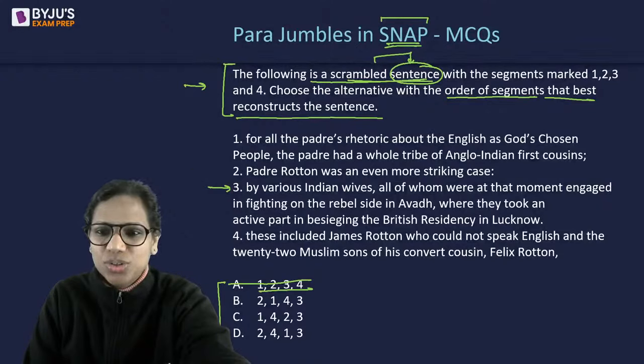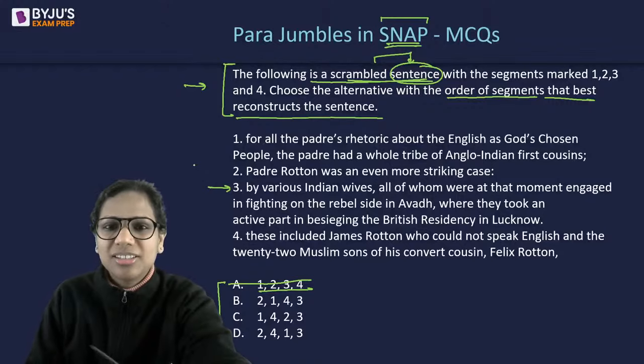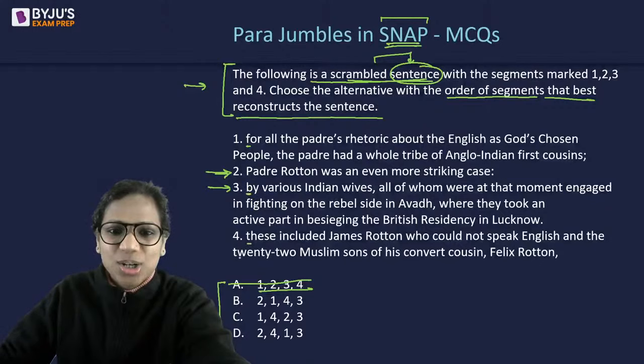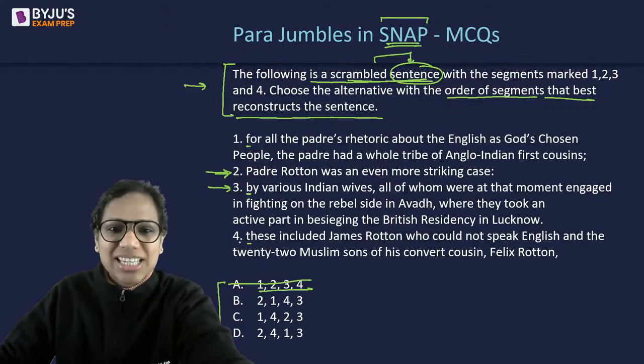Good. I showed you a path. Some of you then applied your common sense and realized that 2 should be the opening sentence, because the others have not been capitalized. They're not the opening segment. So even C goes out of the window.